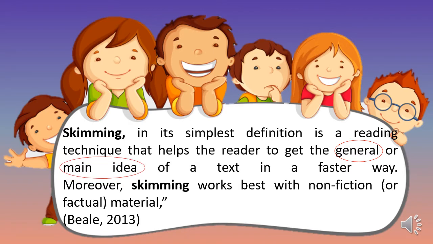Moreover, skimming works best with nonfiction or factual material, and that is according to Bill in the year 2013. Unlike scanning, which is applicable in locating specific information, skimming is a reading strategy that can be used when you want to get the general information or the main idea of a text.